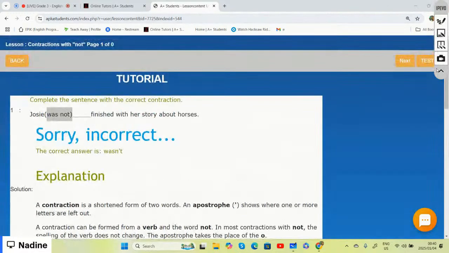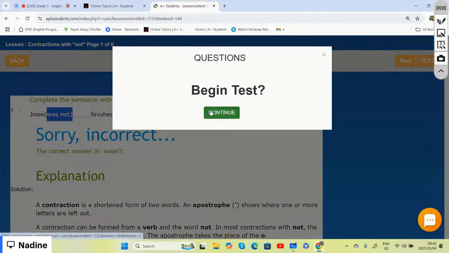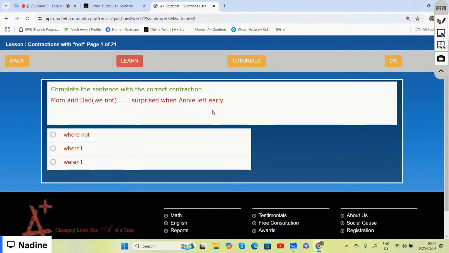All right, so now we're going to our test where we're going to use contractions with not. It says mom and dad were not surprised when Annie left early. We need to look at the sentence and then choose the correct word. So were not.